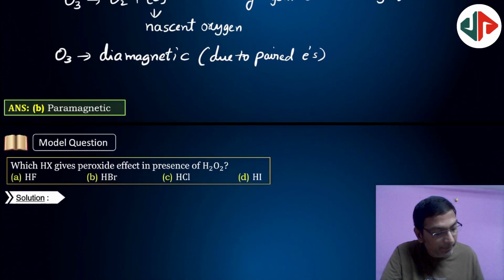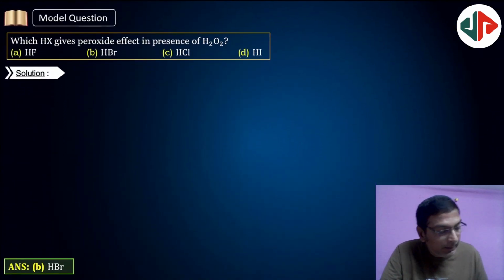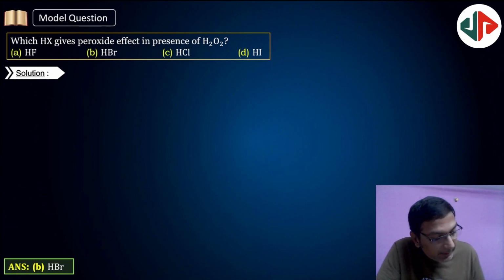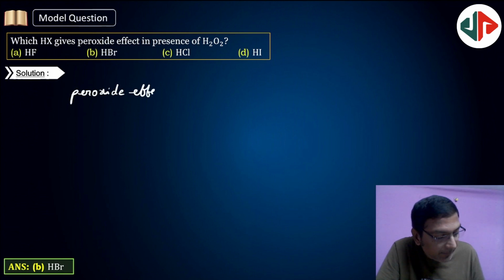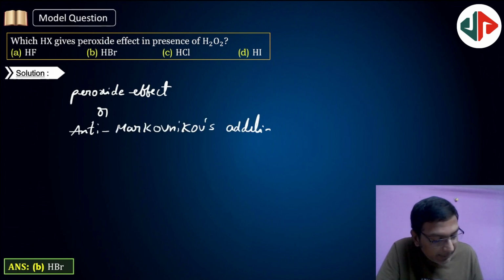Next. Which HX gives peroxide effect in the presence of H2O2? So peroxide effect or anti-Markovnikov's addition, or Kharash effect.